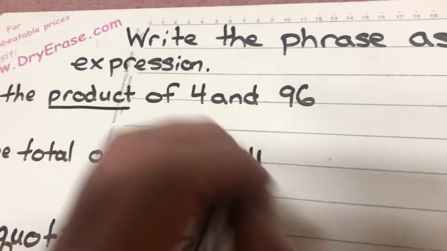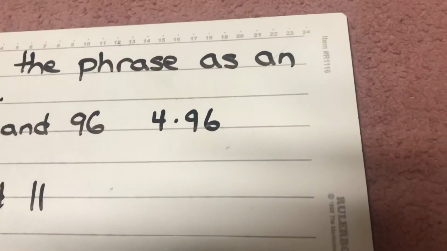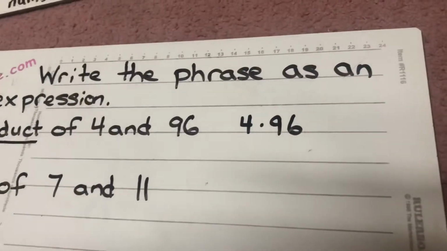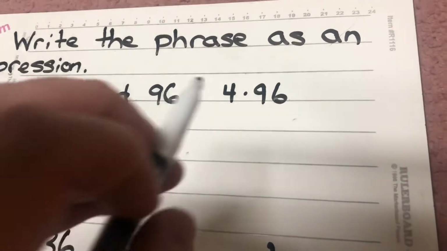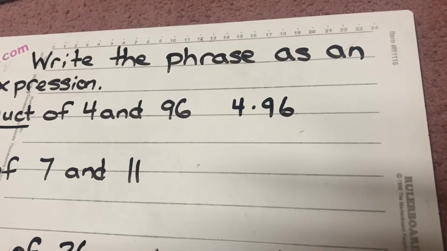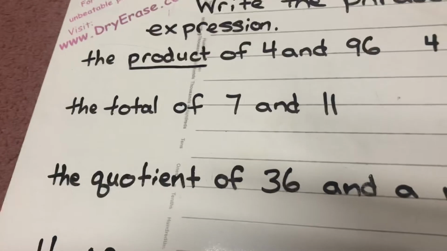The product of 4 and 96 needs to be written as 4 times 96. The 4 comes first here, so the 4 needs to go first there. And that's all you do. We're going to use a dot for multiplication because x is so commonly used as a variable, and we'll be doing a lot with variables here in our lesson today.